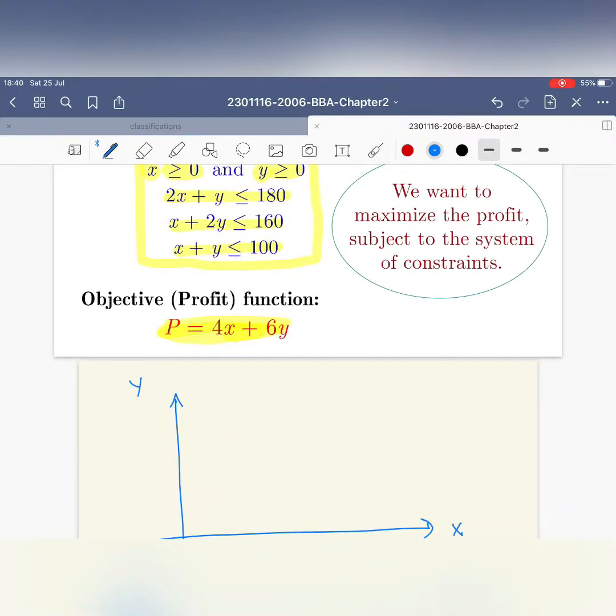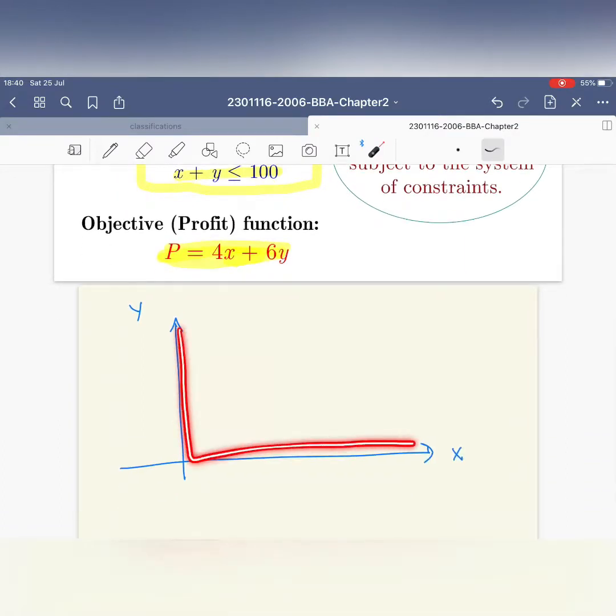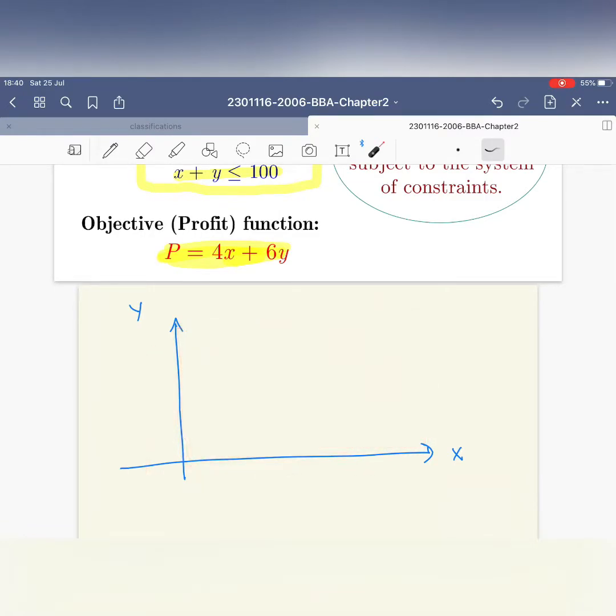So first of all, these two conditions, as we told you previously, determine that the points under consideration are all the xy points in the first quadrant. So you don't need to consider the ones outside, only this quadrant.